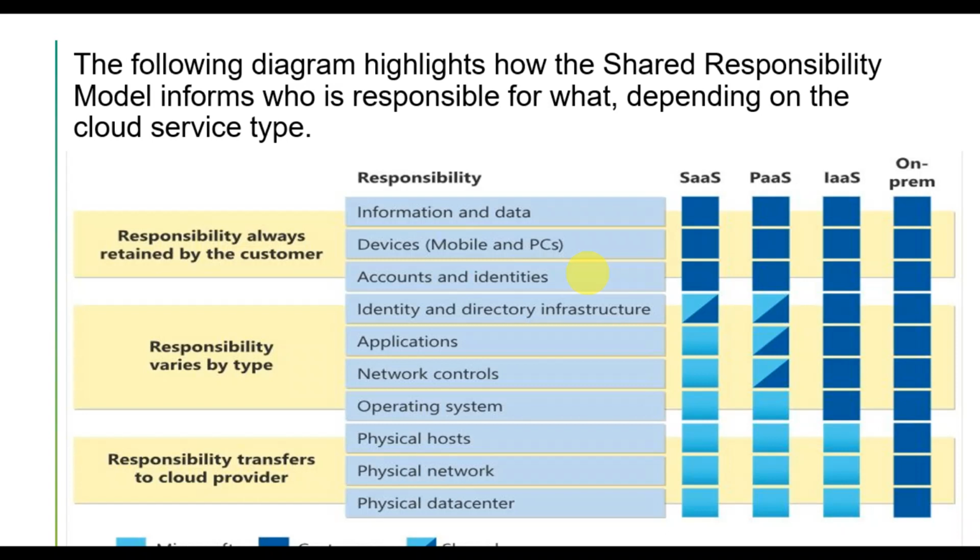The following diagram highlights how the shared responsibility model informs who is responsible for what, depending on the cloud service type. These light blue boxes define that the responsibility is with the cloud provider, or you can say Microsoft.